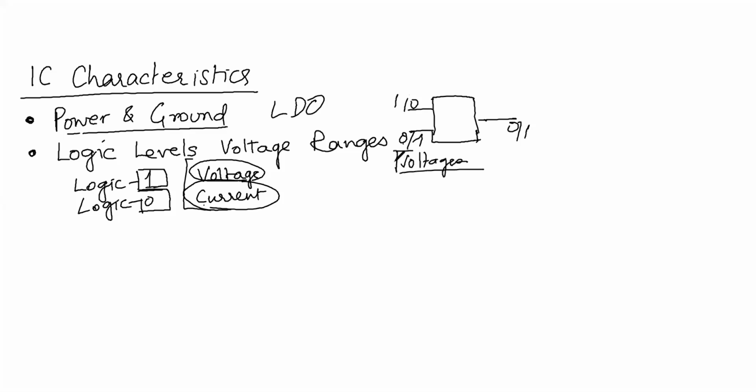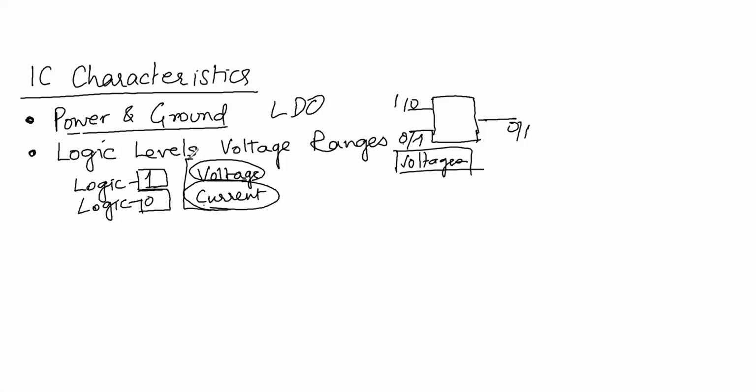So what is the voltage range which can be taken as 0, and what is the voltage range which can be taken as 1 on input side and on output side? That is very important. These are called voltage ranges as well as logic levels. They decide your logic levels.